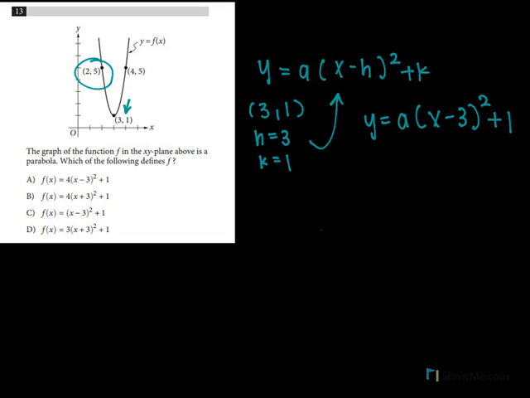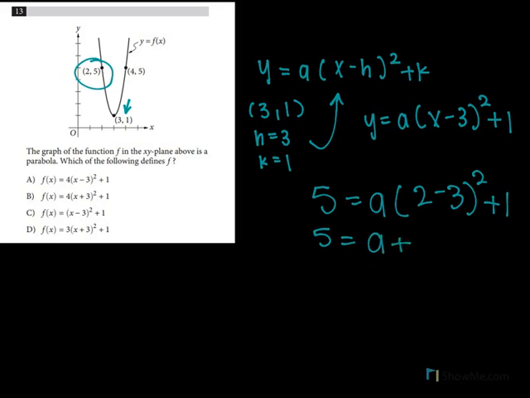So our y value is 5, and we plug that in. So 5 equals a times x value is 2, minus 3 squared plus 1. And let's simplify that. 5 equals... 2 minus 3 is negative 1, and negative 1 squared is just 1. So we just have a plus 1, and subtract 1 from both sides, and we would have a equals 4.